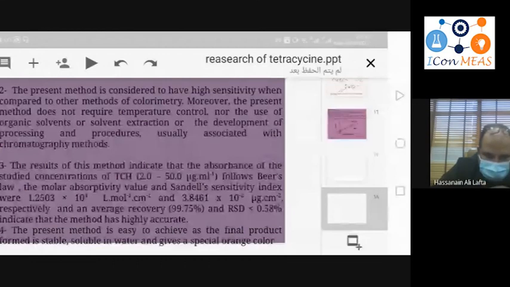The present method's final product is stable and soluble, with an orange color.